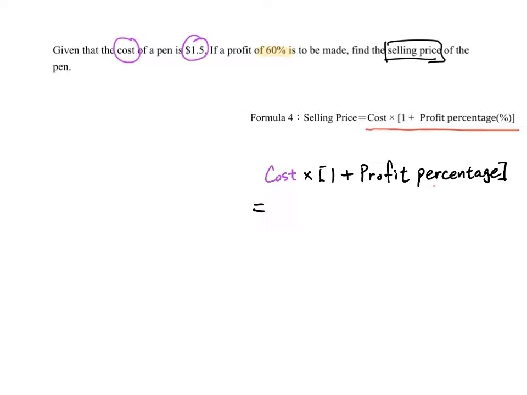Recall what you have learned before. We need to remove the bracket, the cost times 1, so we can get cost here, plus the cost times profit percentage. So here I write down cost times profit percentage.